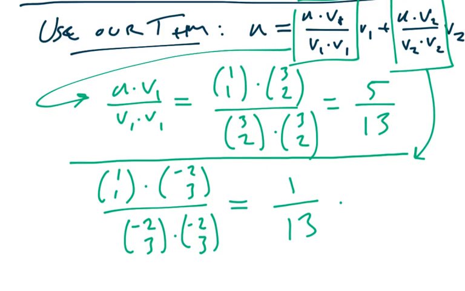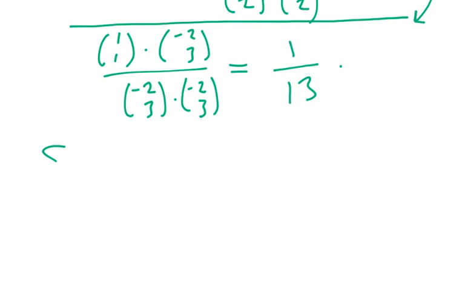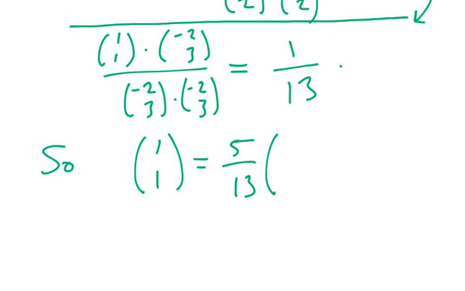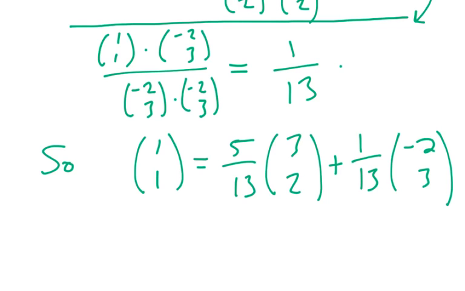These are our coordinates. So what this tells us is that (1, 1) is equal to 5/13 in the direction of (3, 2) plus 1/13 in the direction of (-2, 3). Okay, so there you have it. Very, very fast way of doing this calculation.